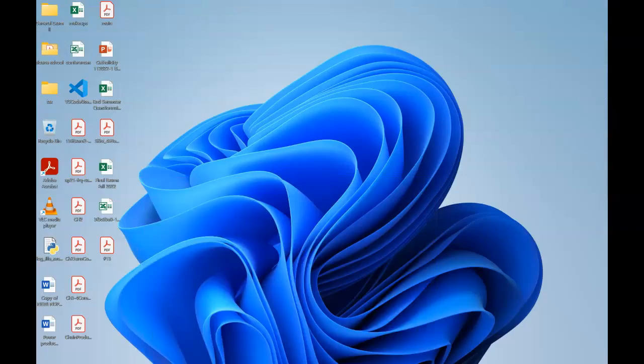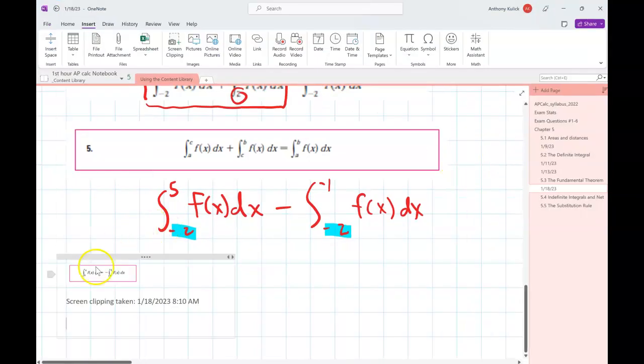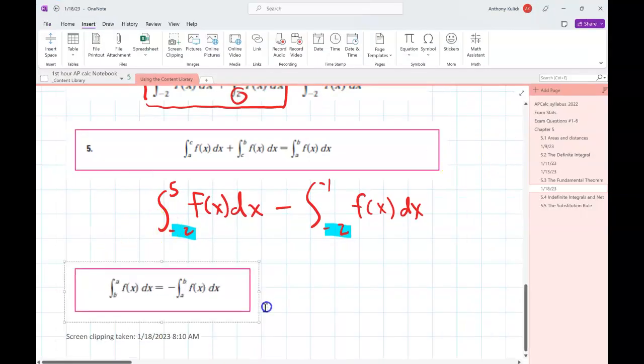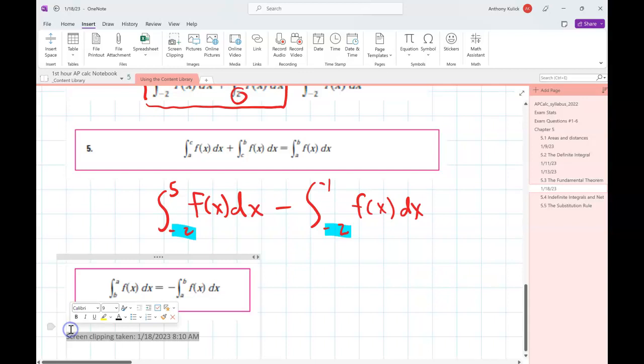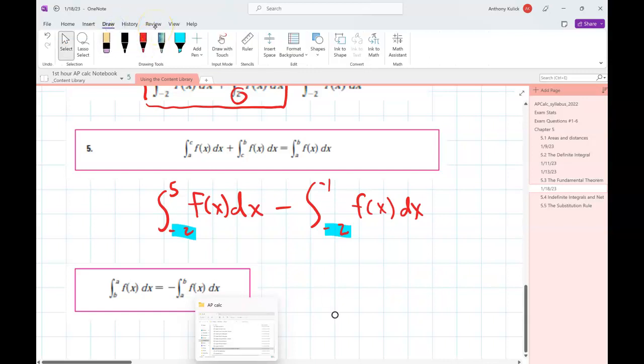We have another property from this chapter. Again, I'll drop it in so you guys can see what I'm doing. It says that I can flip the bounds of my integral just by making it negative. So that's what I'm going to do there.